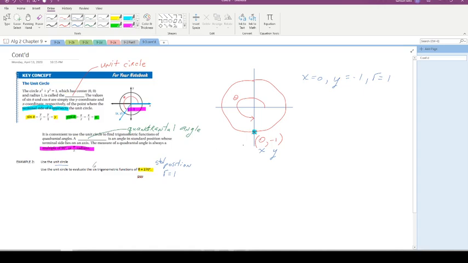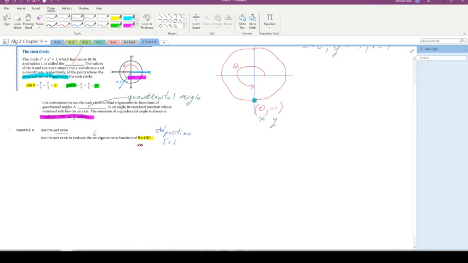So to find the 6 trig functions, it should be very easy. So let's write it over here. We have the sine of theta. Remember, it's y over r, which is -1 over 1, which equals -1.